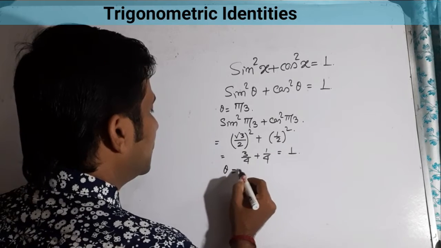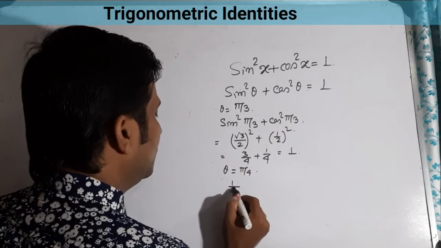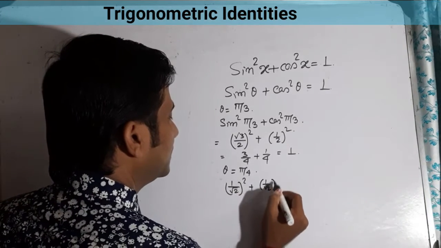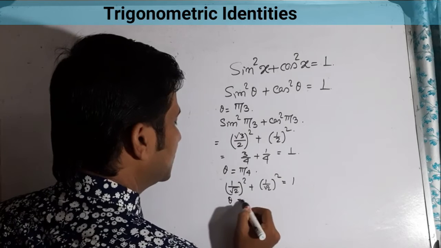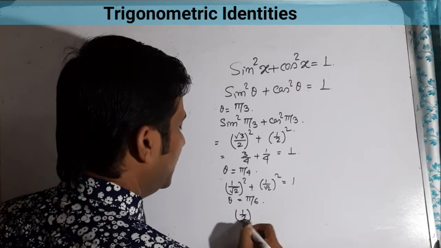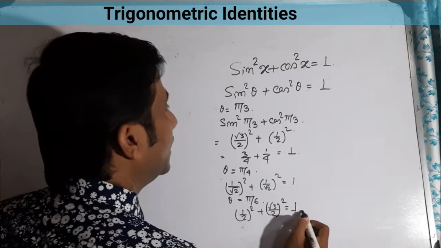If you put pi by 4, then this is 1 by root 2 square plus 1 by root 2 square, which is equal to 1. If you put theta is equal to pi by 6, then this is half square plus root 3 by 2 its square, which is equal to 1.